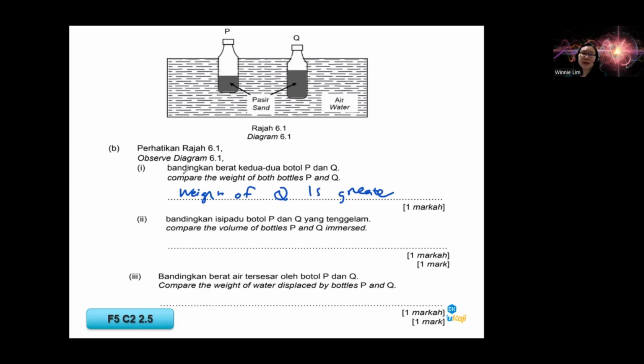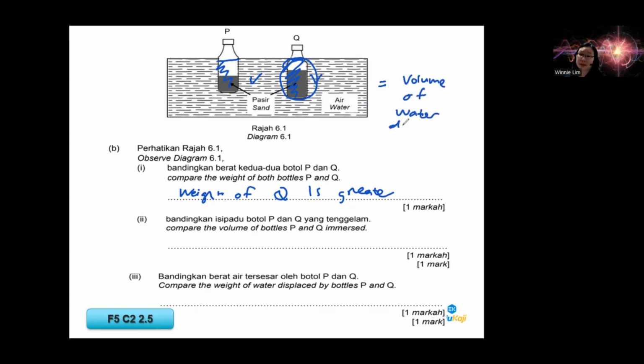Okay, then they say compare the volume of bottle P and Q immersed. This one is so much, this is the volume. This one is lesser, right? Compare. So same thing, the volume of bottle Q immersed is greater. Okay, then compare the weight of water displaced by P and Q. So the volume of object submerged is basically equal to the volume of liquid displaced as well.